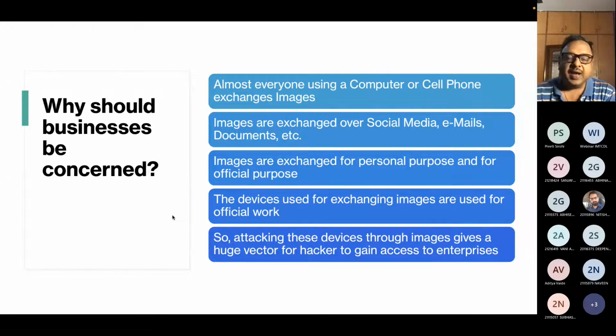So if a hacker attacks any absolutely innocent individual with an image file which contains a virus, and if that enters the enterprise network, then the entire enterprise can be compromised. That is the danger, and that is the reason why businesses should be concerned about viruses entering their enterprise through JPEG files.